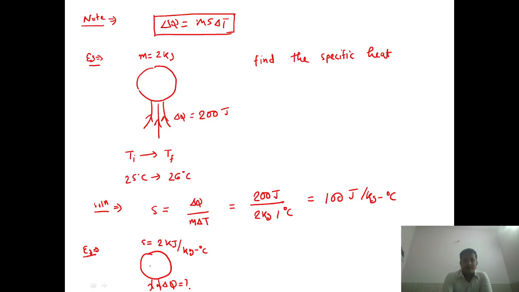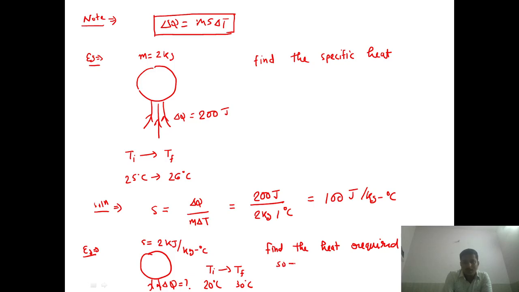We have to increase its temperature from T initial 20 degrees Celsius to T final 30 degrees Celsius. The question asked is: find the heat required to do so.